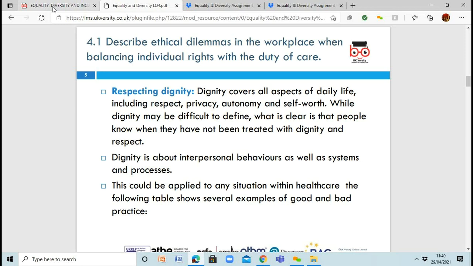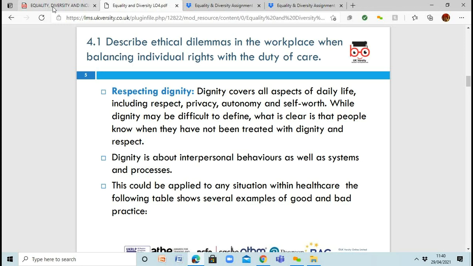When you've got dignity, it can be very difficult to define what you need to do. What is clear is that people know when they have been treated with dignity and respect, and they know when they're not being treated with dignity and respect. It can be a tone of voice, a look, having your choices not being met. There's a million things that you can see.